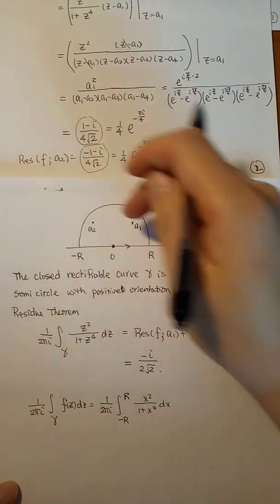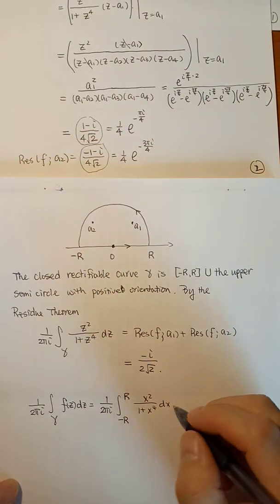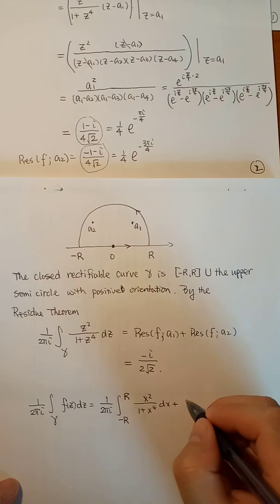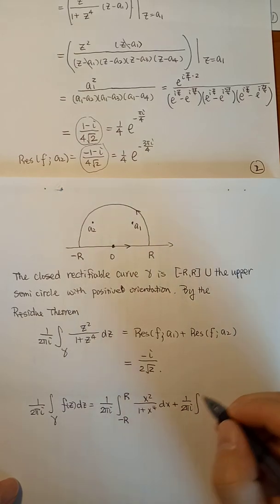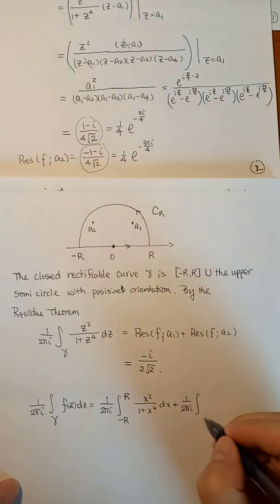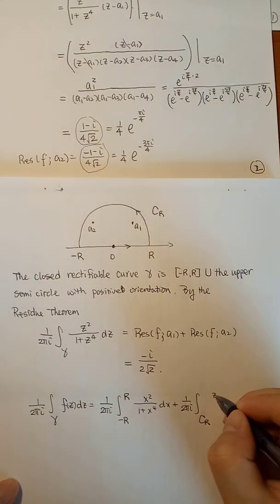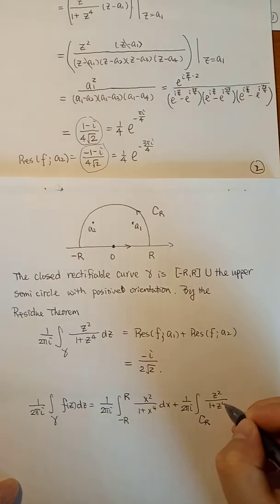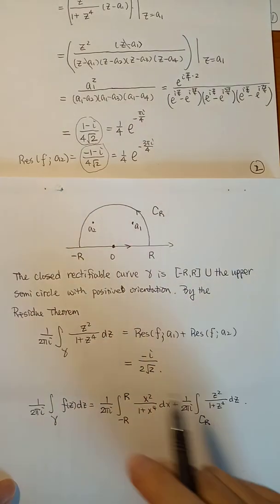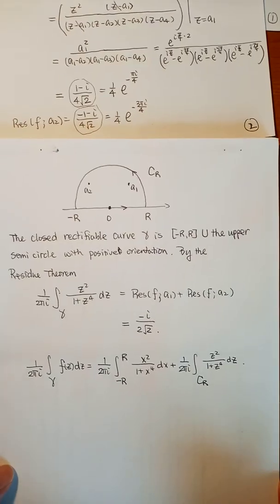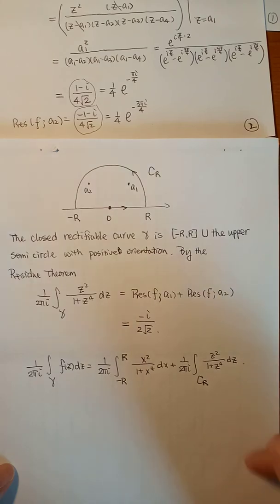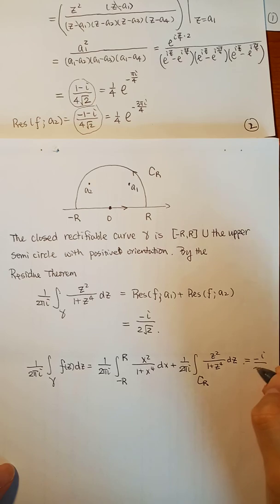And then along this semicircle, upper semicircle, it's called CR. We're going to study one by one what they are. And the sum is equal to this.